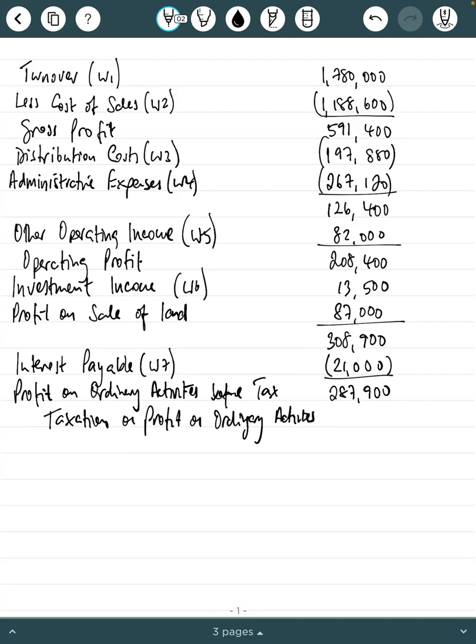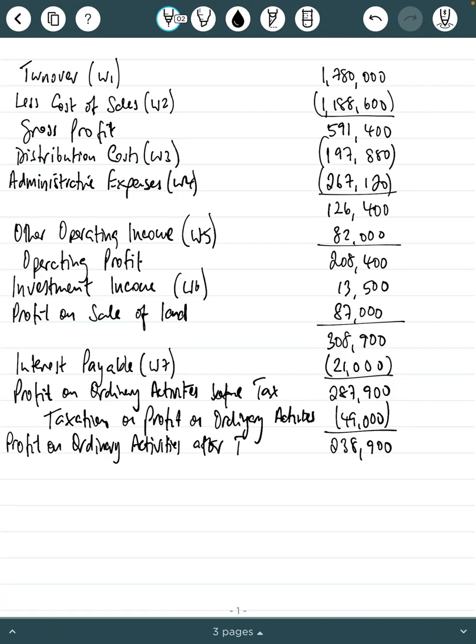The tax is your corporation tax, which is 49,000, given to you there in note 3. Take that away there and you get 238,900. And that there is your profit on ordinary activities after tax.